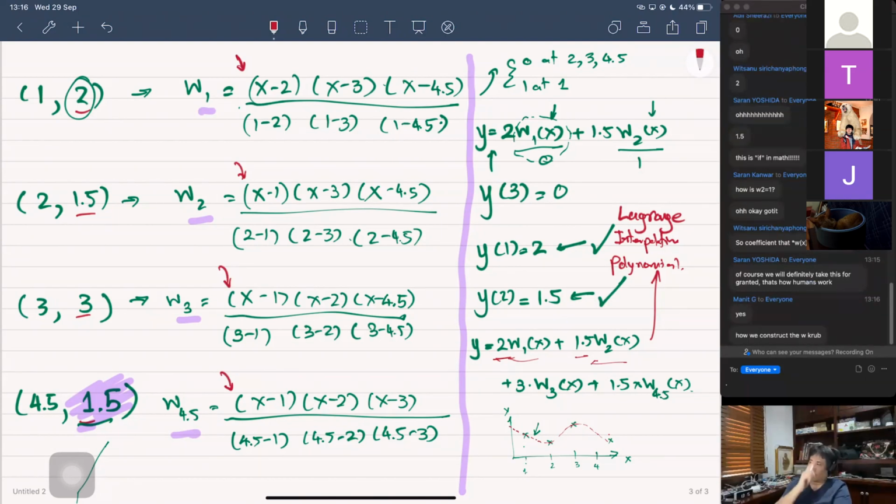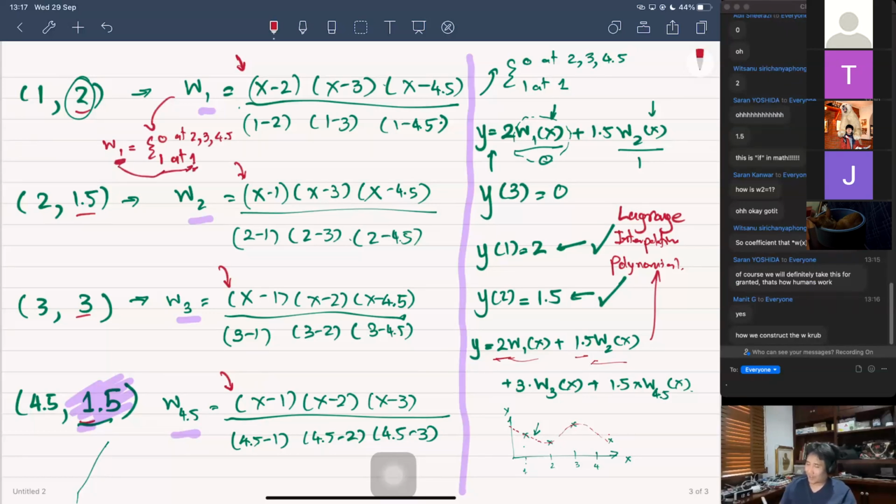How we construct W. Okay, let me repeat again. Remember the way we construct W, there's only one simple requirement: W1 has to be 0 at all the other points, 2, 3, and 4.5, which means all the other x's. And the other requirement is that it has to be 1 at the value we want.